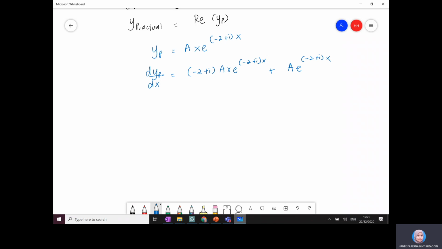So this is your dy dx, and then you do the second derivative, d2y dx squared, and this part here you need to do the product rule again. And this part just differentiate with respect to x.